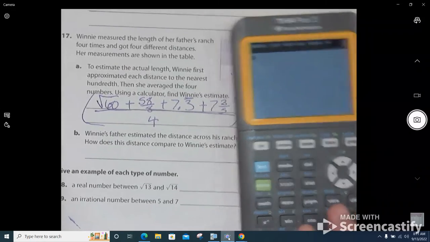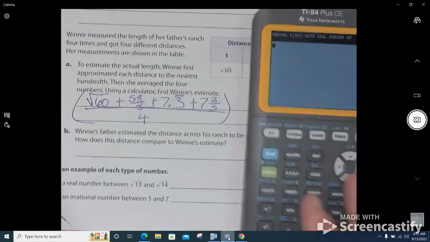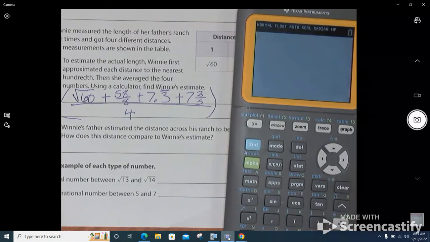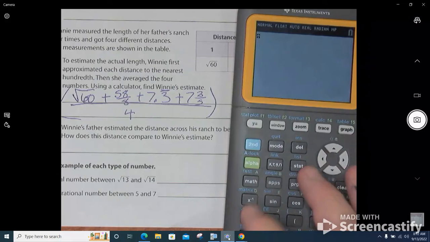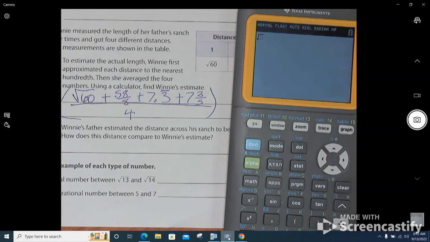So grab your calculator, and hopefully we can convert this to a decimal. So I'm going to say the square root, right? You guys know how to enter that in the calculator now? Okay. 60. Can you see that okay?